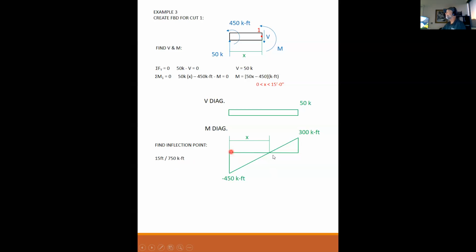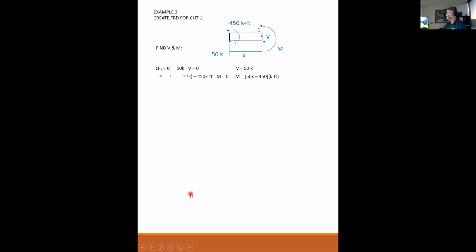So you have 15 over 750 is equal to x over 450, similar triangles. Then you just solve for x. X is equal to 9 feet.